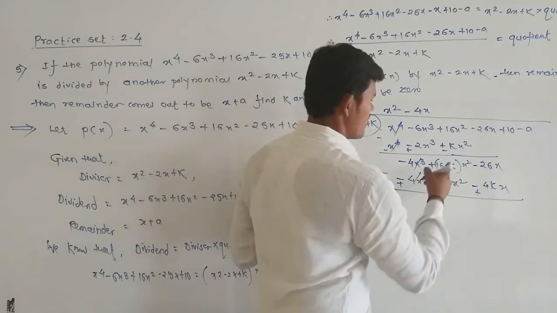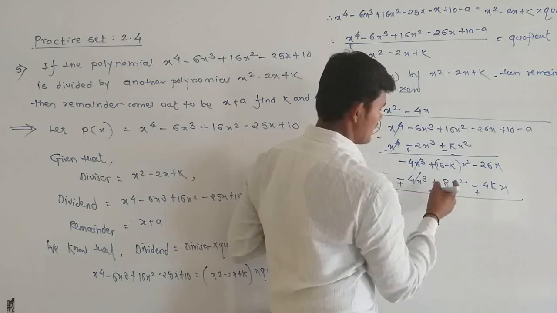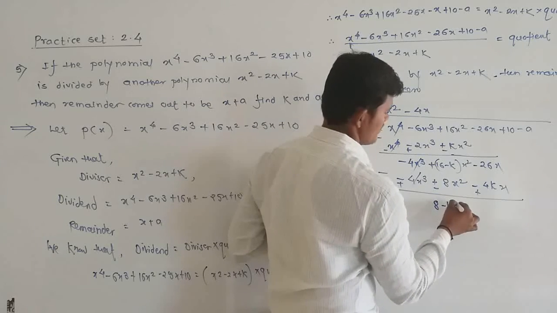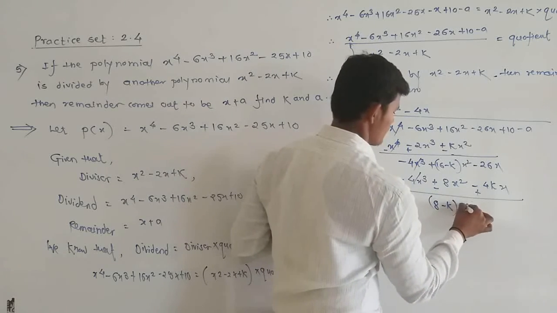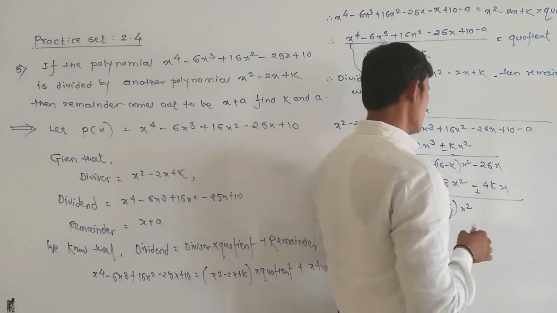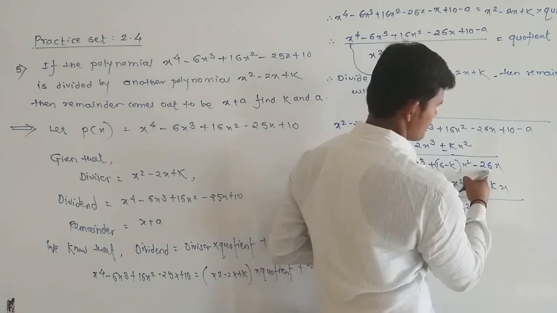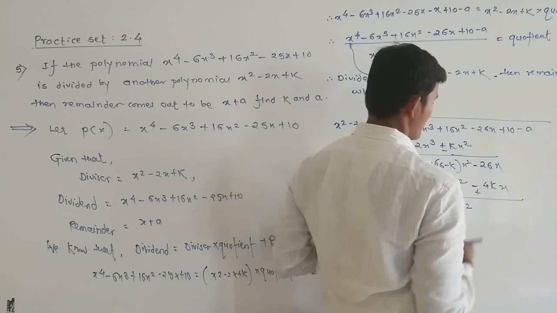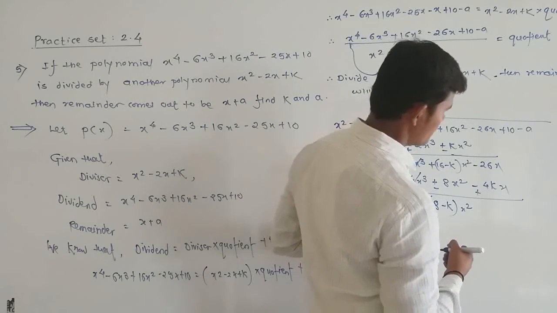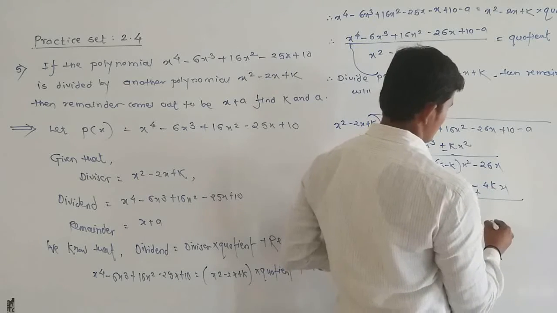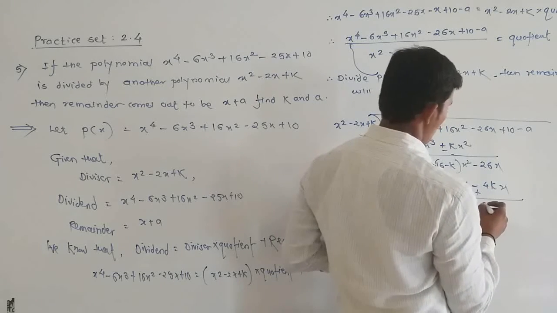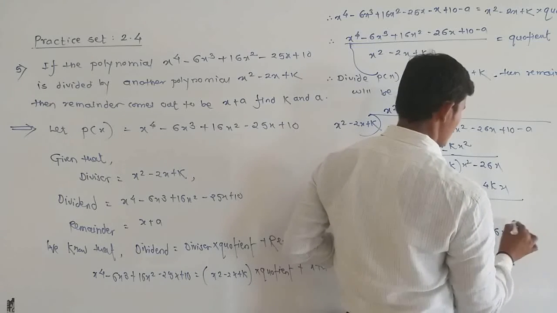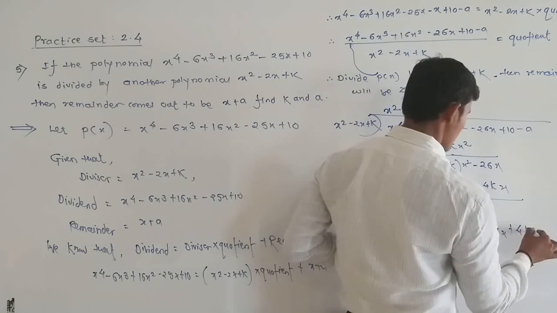Here 16 minus k minus 8, that is 8 minus k, x square. Here minus 26x plus 4kx is nothing but minus 26x, sorry, plus 4kx.